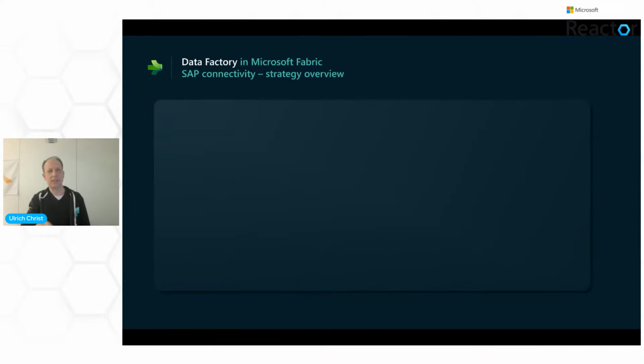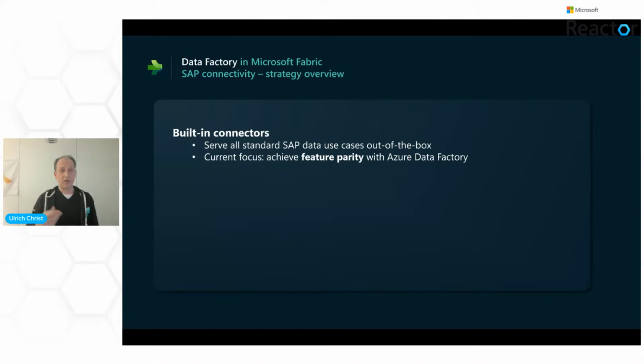So to get started, the first pillar of our connectivity is the built-in connectors. You already saw we have 170 built-in connectors. A number of them are SAP related. We have some out-of-the-box SAP connectors. The aspiration and the plan we're working on is to serve all standard SAP use cases out of the box, whatever standard means.